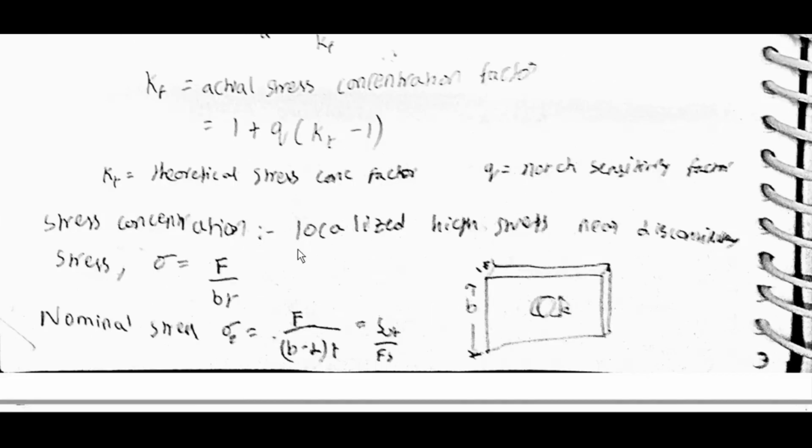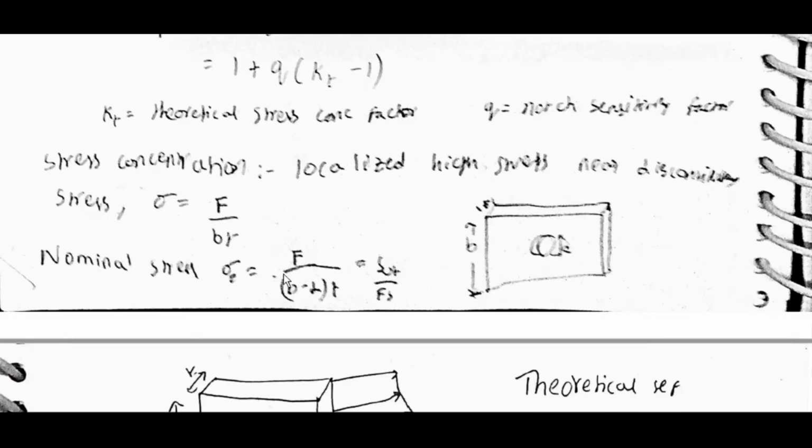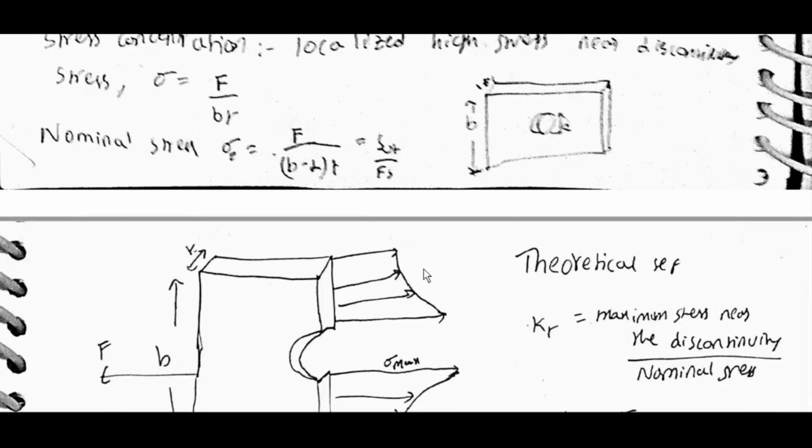Stress concentration means localized high stresses near a discontinuity. Nominal stress sigma is equal to F by Bt. If there is a hole of diameter D, nominal stress sigma is equal to F by (B minus D) into t. Allowable stress is equal to SUT by FS.